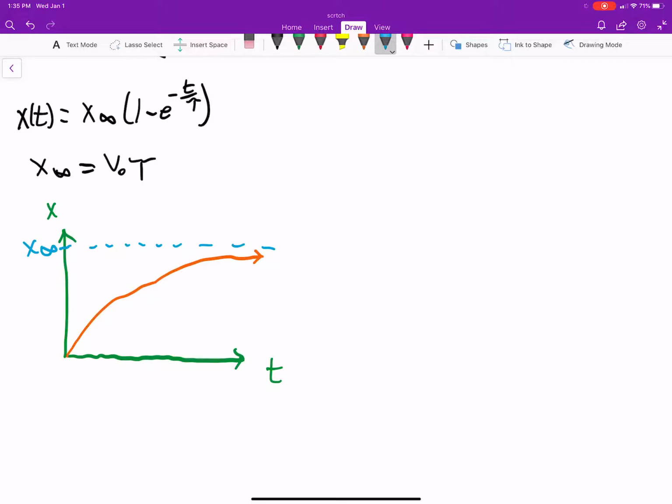So in other words, the limit as t goes to infinity of x of t is going to be this x sub infinity, which we said was our initial velocity times tau. So then tau might be some time over here. So hopefully that part makes sense.